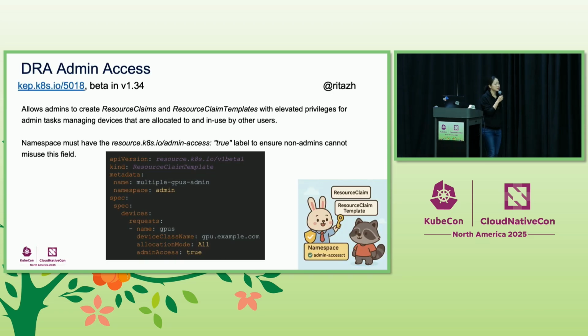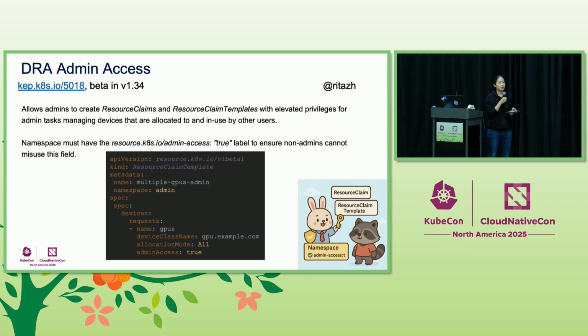All right, I'm sure y'all have been hearing the word DRA quite frequently in this KubeCon and probably previous one. So this is something we work together with SIG Node quite a bit. DRA is a dynamic resource allocation feature which allows workloads to have an easy, flexible, and dynamic way to allocate, consume, and share specialized devices like GPUs and networking resources.